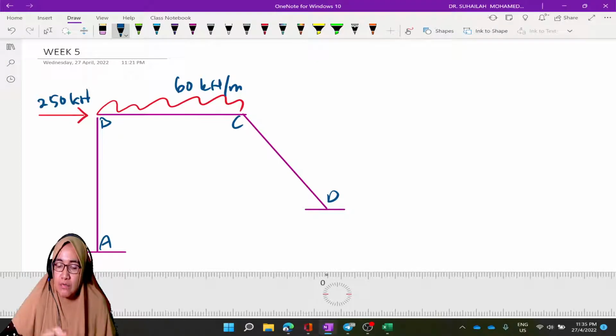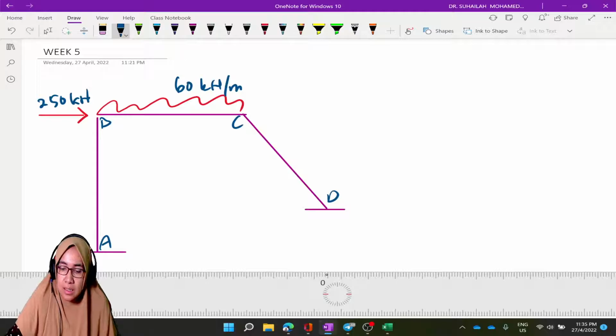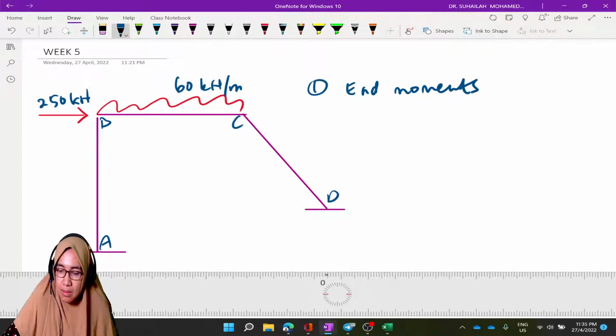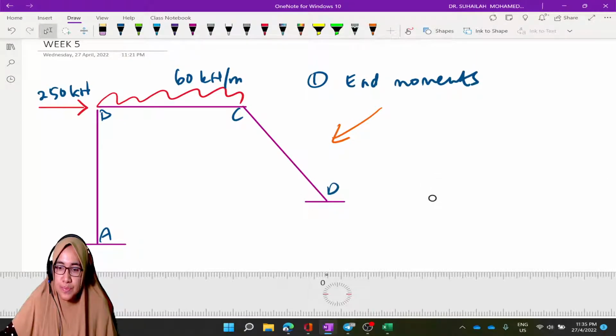We know that in frame analysis, we are going to learn how to calculate end moment. We are going to analyze using four main steps.